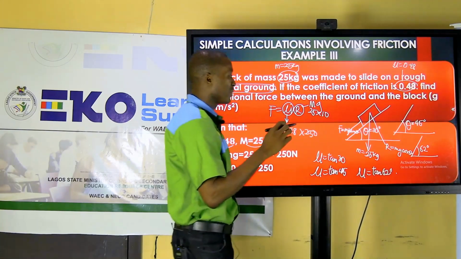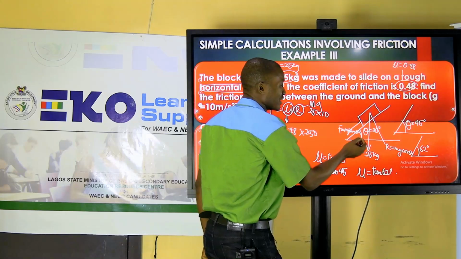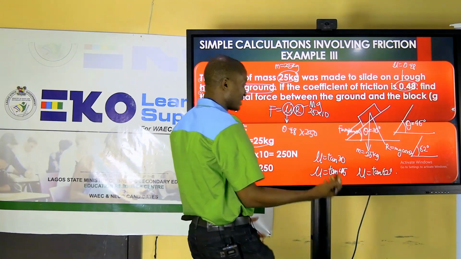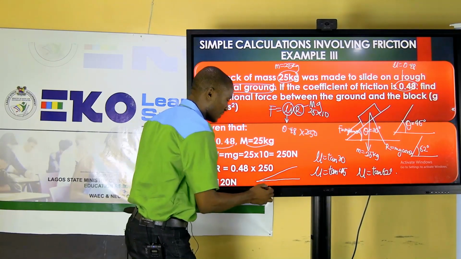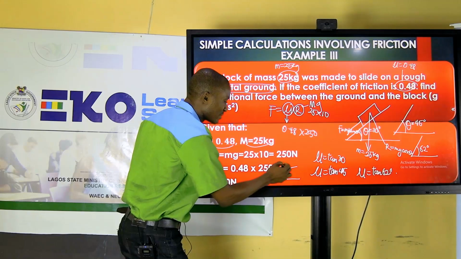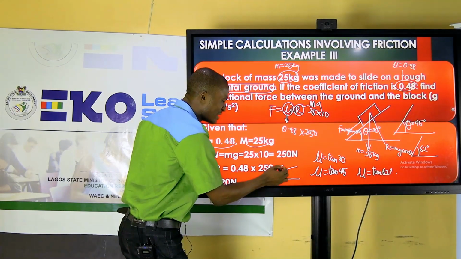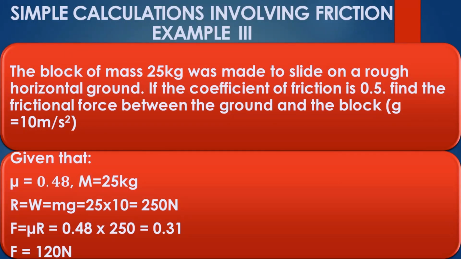Let me say something: as the angle of inclination increases, the effect of friction reduces. Take for instance an inclined surface. The lower it is, the smaller the angle of inclination, and it will take a longer time for the object to slide down.